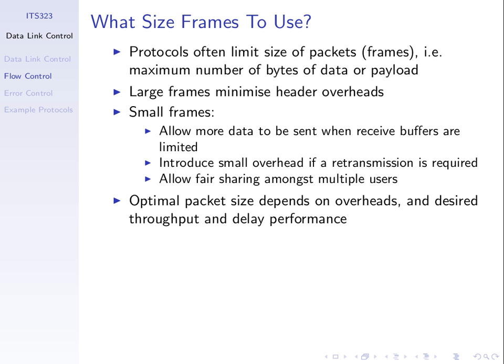So what the timeout interval, it depends on our propagation delay and other factors. Another thing is how big should our frames be? Let's draw some and see what happens when we use different size frames. And this applies for all the protocols we talk about.